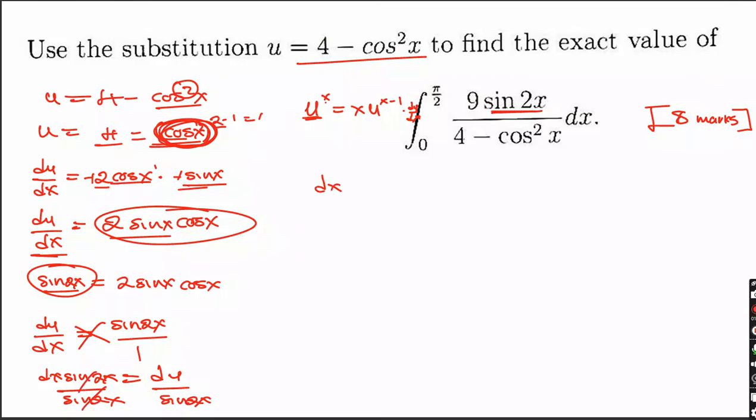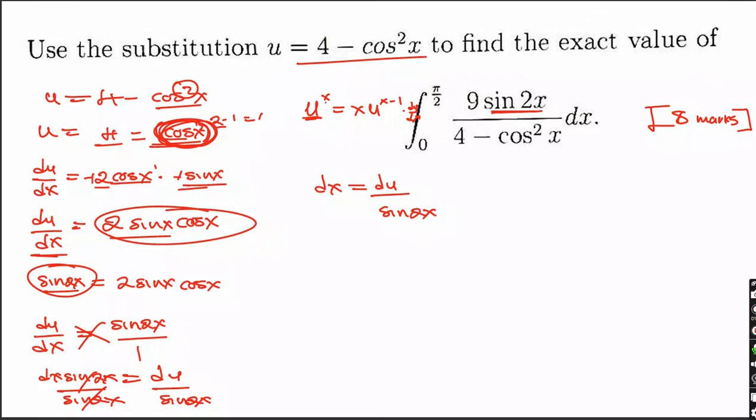You're going to have dx, which is just going to be equal to du over sine 2x. So after we have the value of u and the value for dx, then we are free now to actually convert.